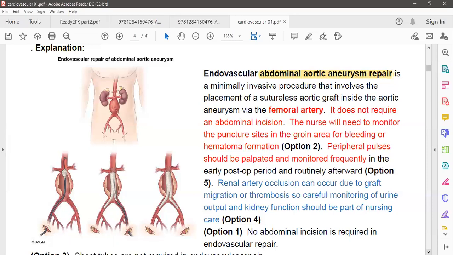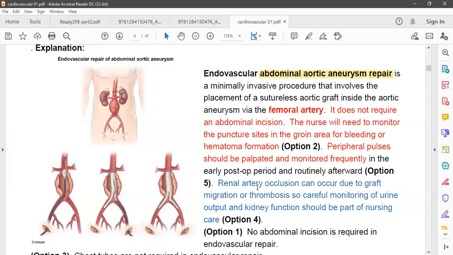Is my kidney working or not, or is there any obstruction of the renal artery occurring because of this correction of the abdominal aortic aneurysm? We check the input and output. If I see the input and output are not equal, I have to think.